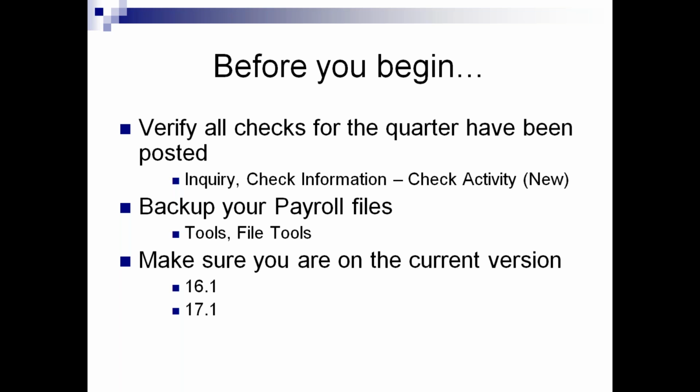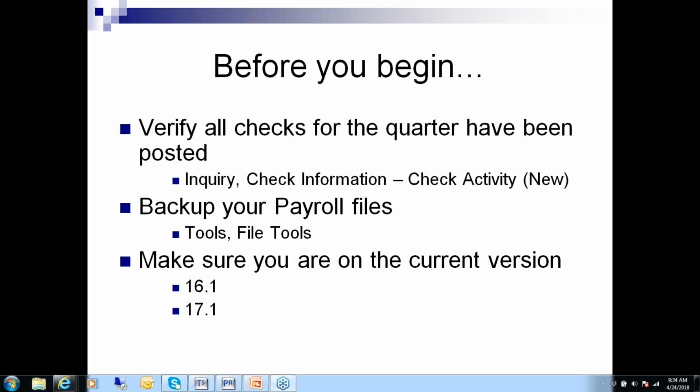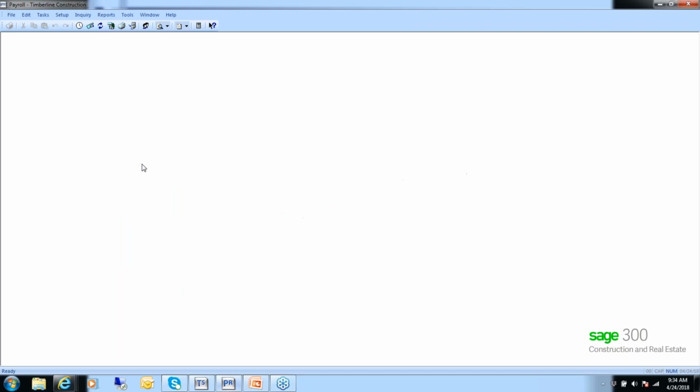And then the other thing that I would recommend is that you make sure you're on the current version. Everybody should have upgraded to either 16.1 or 17.1 for year end. So if you're on 16.1, you should be on update 8. If you're on 17.1, you should be on revision 7. And you can check that if you go into the software.